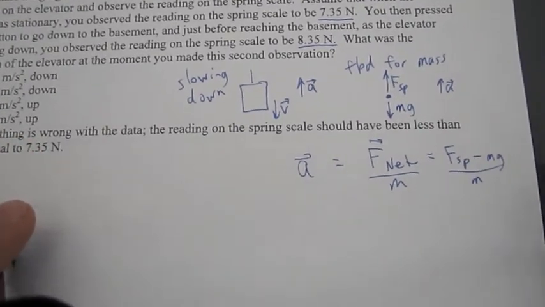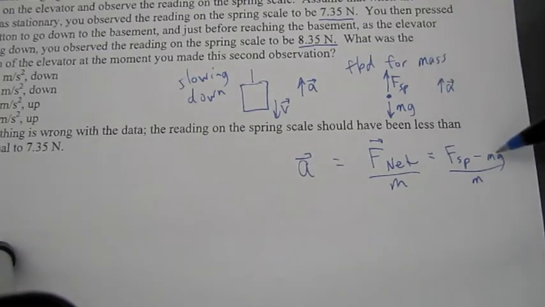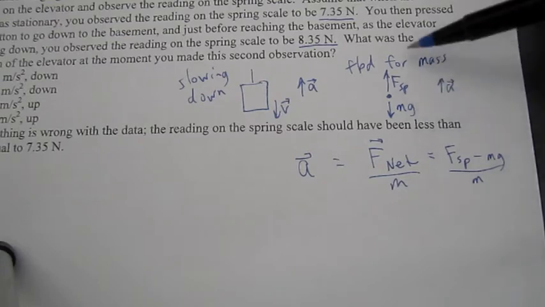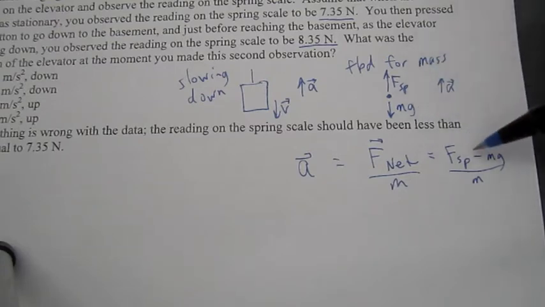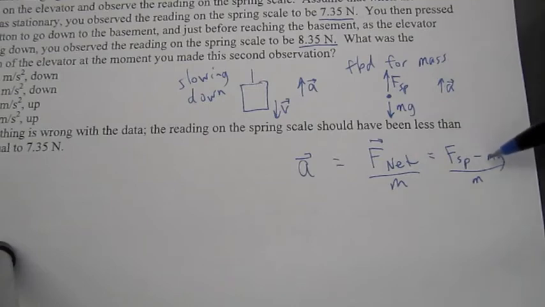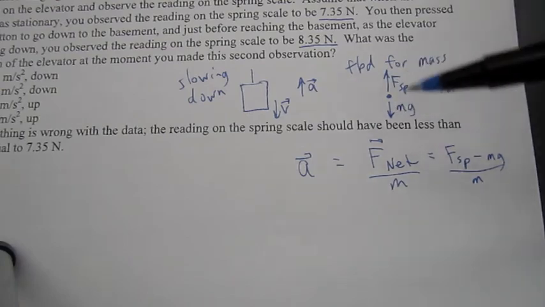So we can see that if F spring was equal to mg, then there'd be 0 acceleration. If F spring was like twice mg, then the acceleration would be g, so 9.8 upwards. In this case, F spring is a little bit more than mg, and so it's got to be a lot less than g, but a little bit greater than 0.